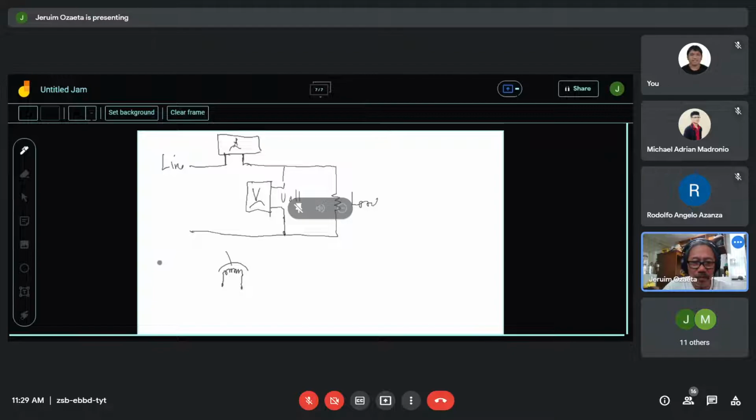So, you want to measure different values on the line. So you have a selector switch so that you can select different resistances. Let's say this is R1, R2, R3, and so on.